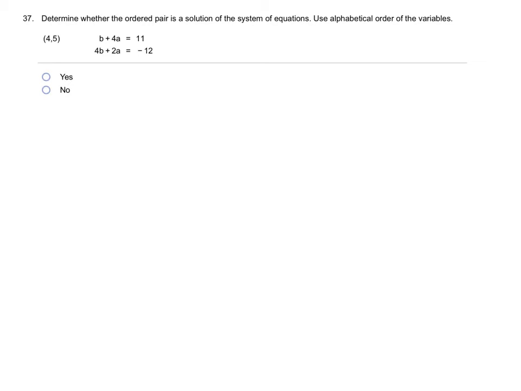Question 37. Determine whether the ordered pair is a solution of the system of equations. Use alphabetical order of the variables. For this problem, I'm given an ordered pair, which is 4, 5. The problem tells me to use alphabetical order of the variables. So that means that 4 is going to be my A value, and 5 is going to be my B value.